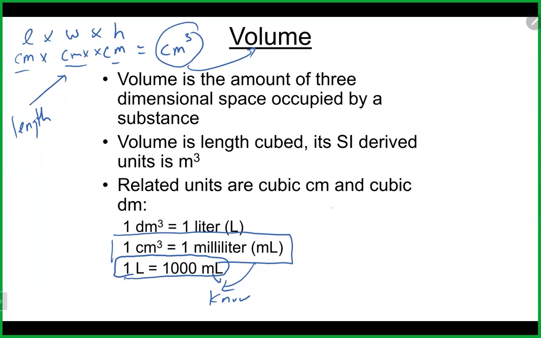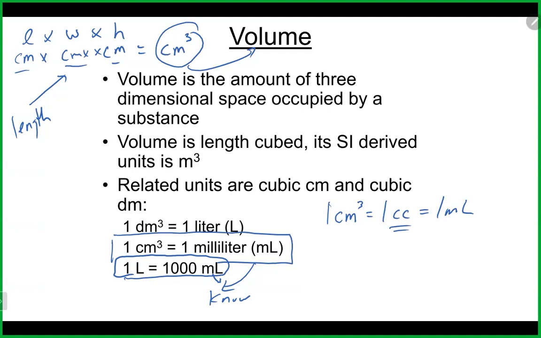Sometimes cubic centimeter is also written as 1 cc. Like if you watch medical shows or something, right? Give the guy 5 cc's before they die. That is basically 5 milliliters. So cc's is sometimes used in medicine as a version for milliliters, or cubic centimeters.